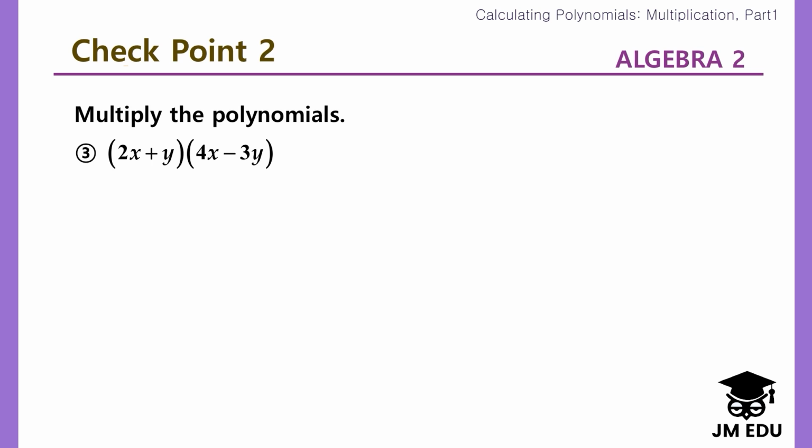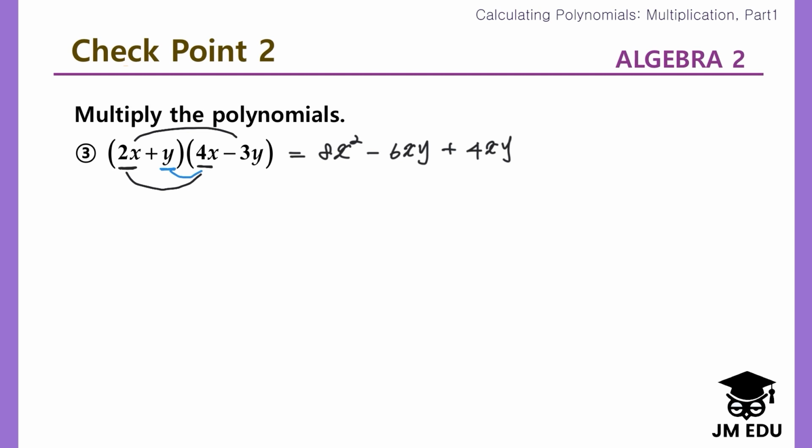Number 3. So first, 2x times 4x, that's going to be 8x squared. Outer, 2x times minus 3y, that's minus 6xy. And inner, y times 4x, right? So that's going to be plus 4xy.